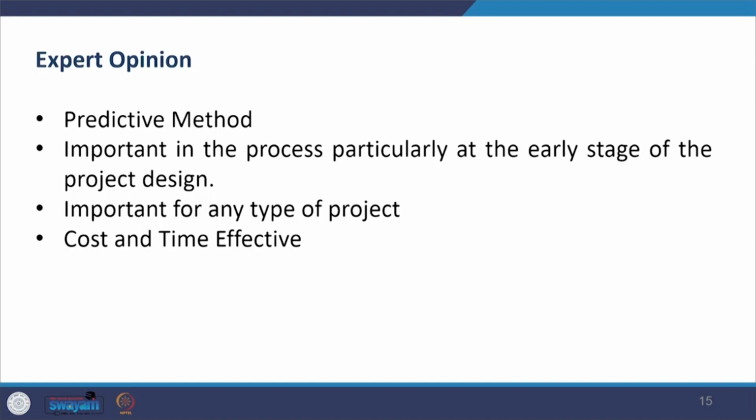You may also use expert opinion with the justification for the opinion. Whatever opinion is given, you need to justify it, and this can be used as a predictive method. Expert opinion is important in the process, particularly at the early stage of the project design. It is important for any type of project.